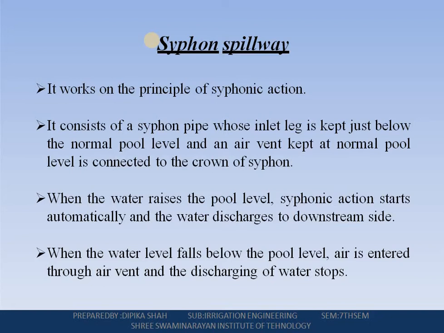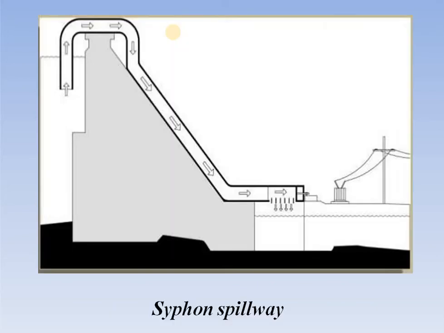When the water raises the pool level, siphonic action starts automatically and the water discharges to the downstream side, right? When the water level falls below the pool level, air enters through the air vent and the discharge of water stops. You can see this figure of a siphon spillway, right?